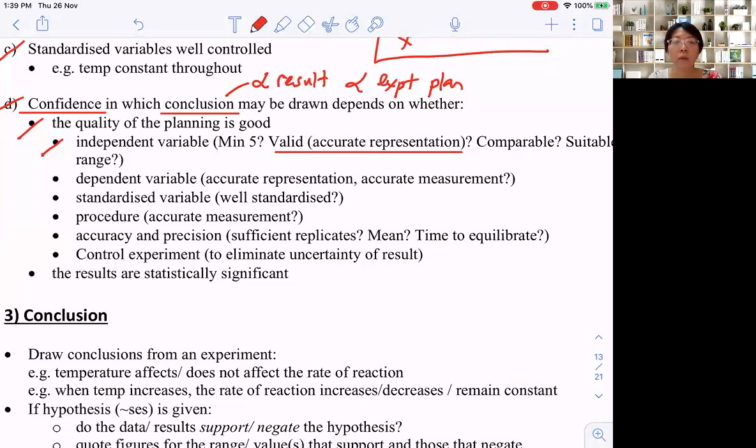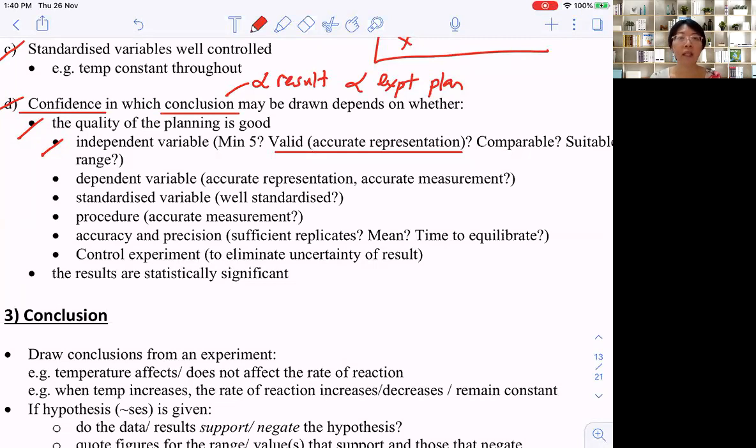That means you actually have to find out the metabolic rate of this shrimp at different concentrations of salt water. So your independent variable must be salt water, that means sodium chloride solution, and no other salt. That means you cannot go to the sea and take the sea water.